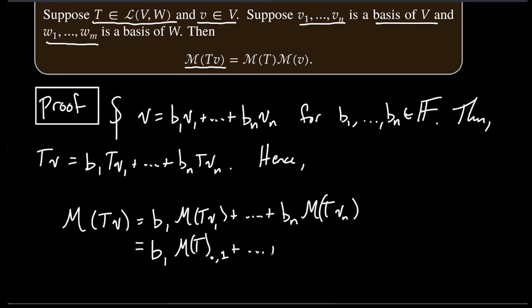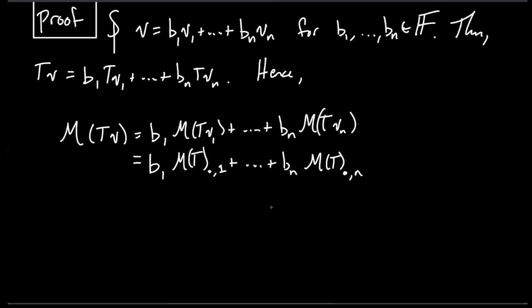And then we can do this all the way down to the end. And then we get the matrix of T_{·,n}. Oh, but wait a second. This just looks like the definition of matrix multiplication. That is, multiply a matrix by a vector, you just get out a linear combination of the columns of that matrix, and the coefficients are the entries of the vector.